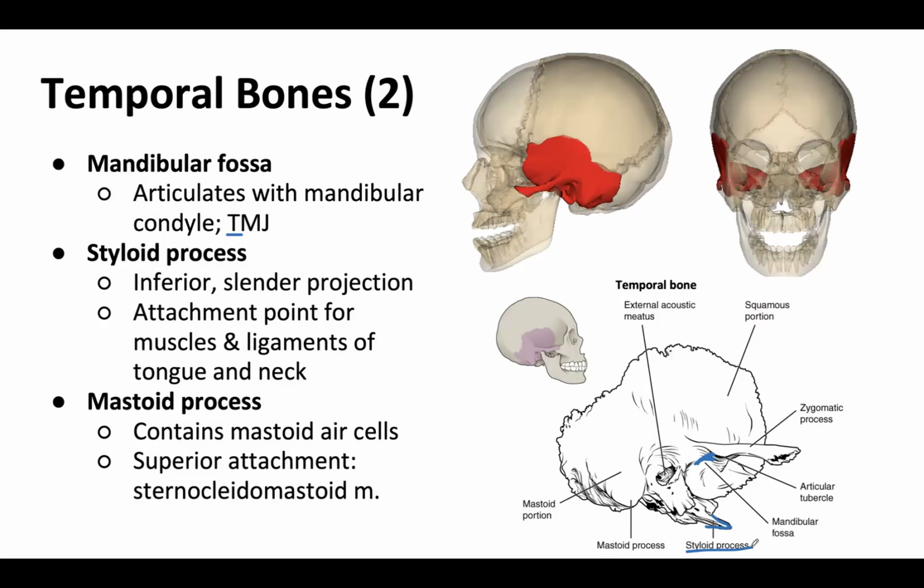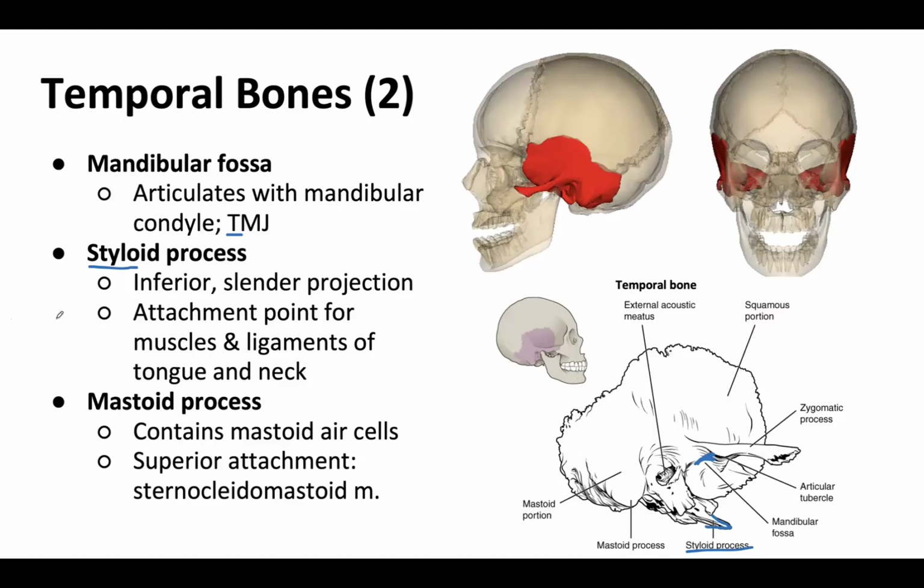And why have a small projection kind of randomly coming down from the temporal bone here? Well, it's not random. This is going to be an area of attachment for ligaments and muscles associated with the tongue and the neck. And those muscles have names for that attachment. So it'll have a stylo in its name. So muscles like the stylohyoid or the styloglossus.